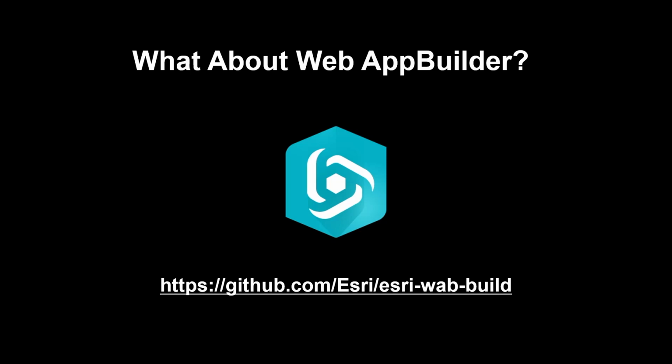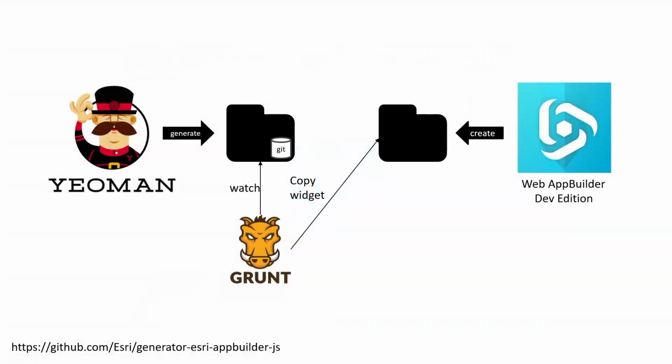You can also use the web app builder build to optimize your web app builder projects when you're done. A great way to start one of these widgets is by using the Yeoman Generator. The Yeoman Generator, which you can find at the GitHub link below, gives you a way to start a widget.